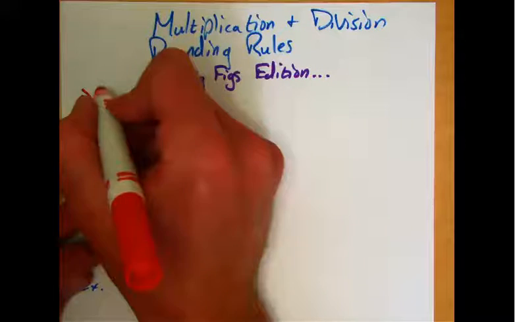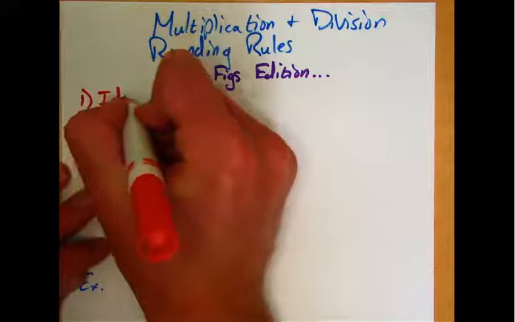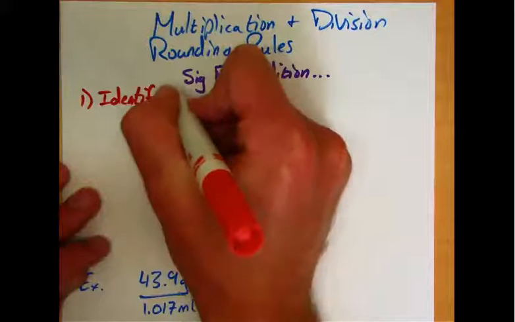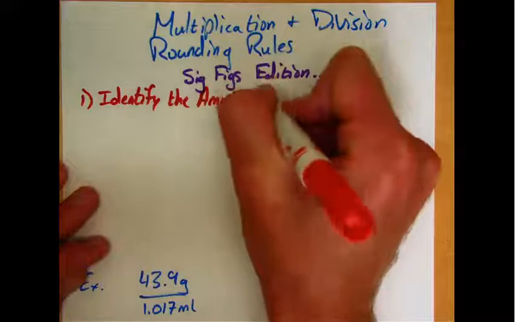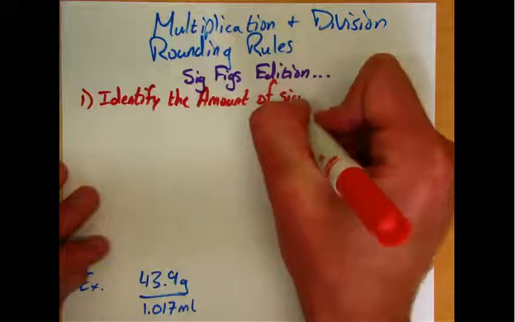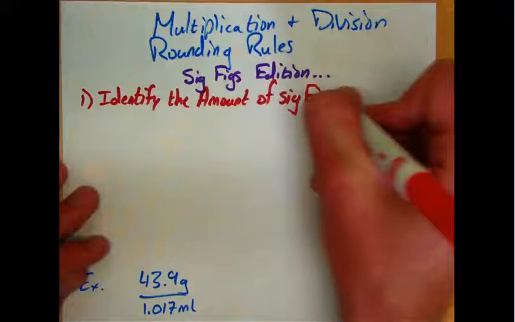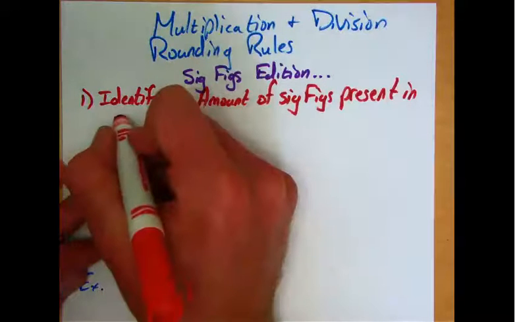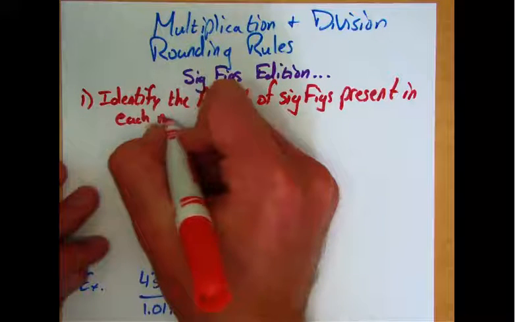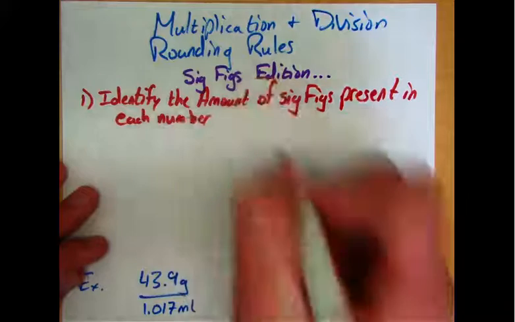Step number 1 is to identify the amount of sig figs present in each number from our calculation.